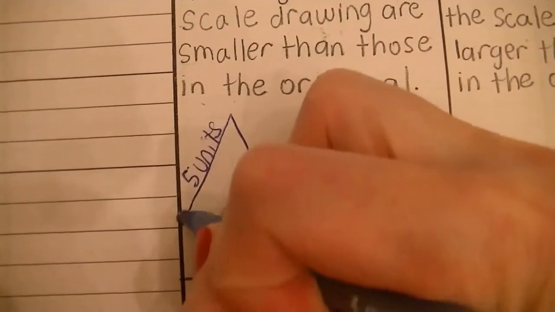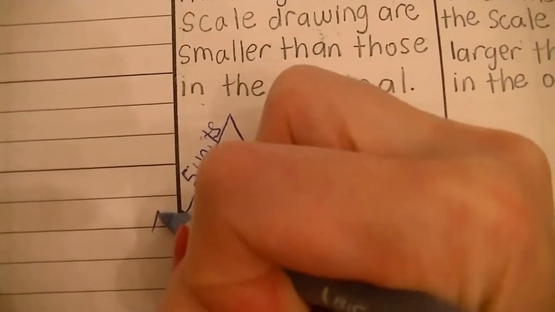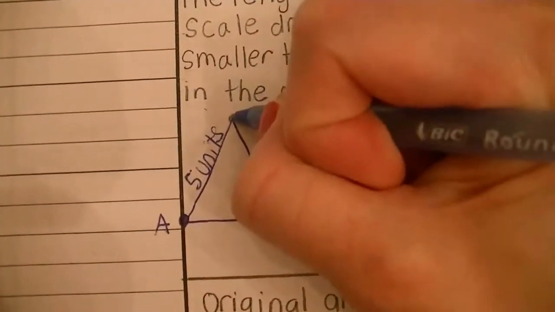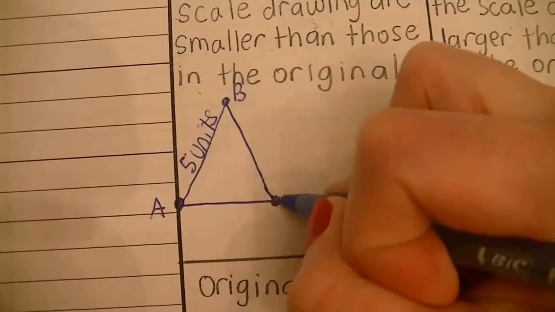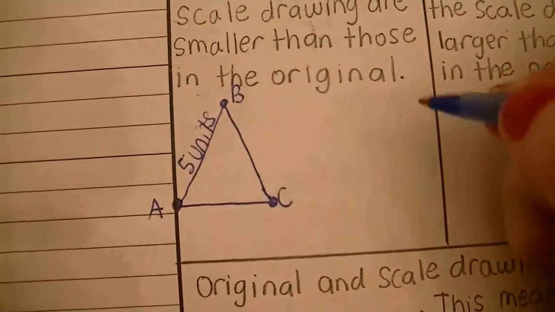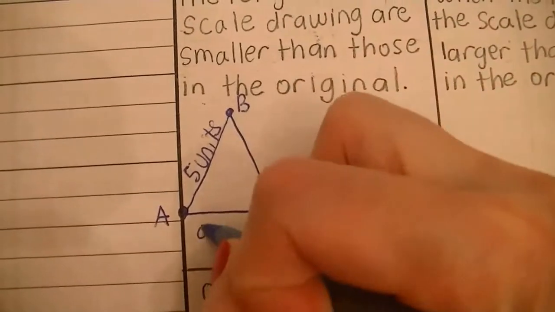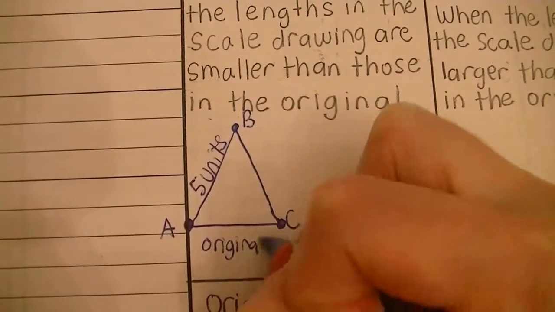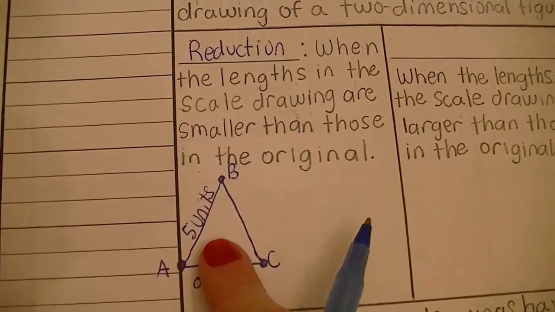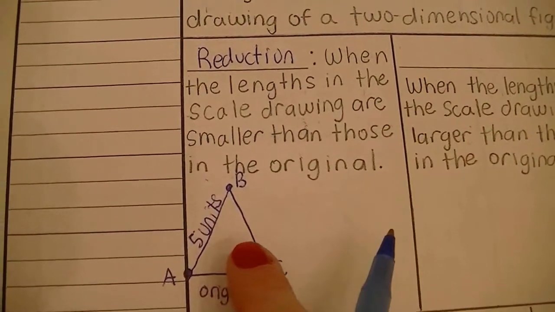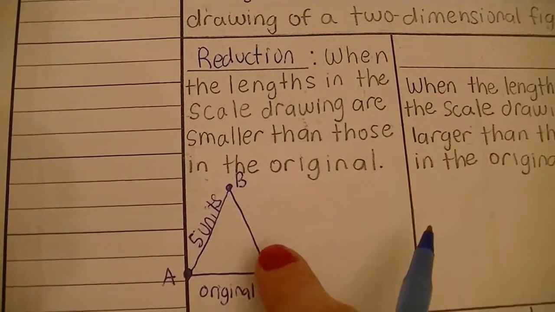And this vertex right here, I'm going to label it as A. This vertex right here, I'm going to label it as B. This vertex is C. And this is going to be the original, the original triangle.